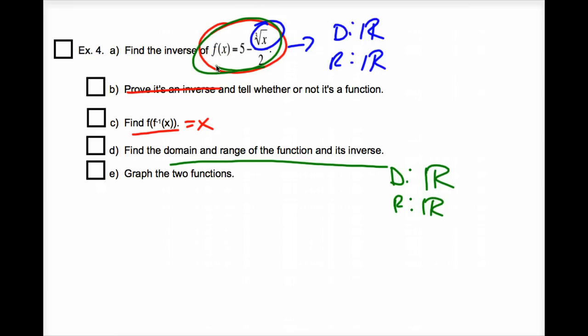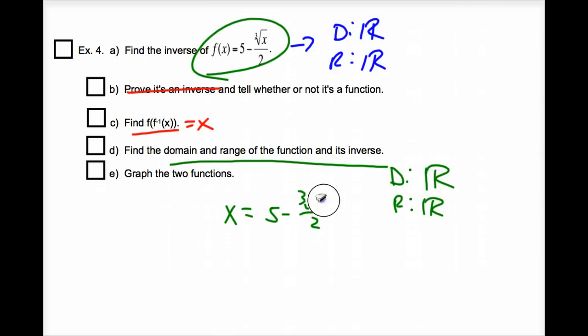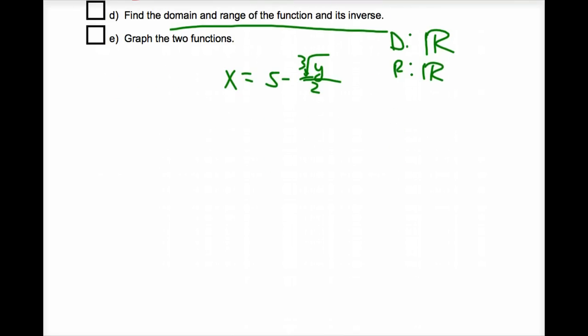Let's take this right here up here and rewrite it so that y and x are switched around. So it'll go x equals 5 minus third root y over 2. Getting the third root of y, sorry. Switch x and y. Okay. Subtract 5.